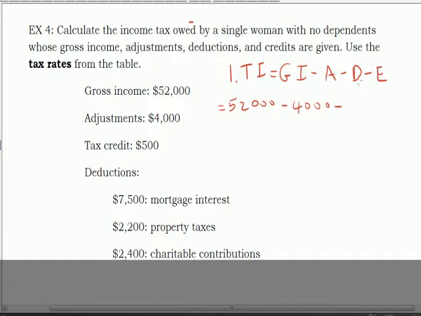The deductions, now this we need to be a little more careful about. The deductions are based on the higher of the standard or itemized, so I'm going to write a little max here. So this is the maximum of, well, to figure out what the standard is, we need to reread the problem a little more carefully. We're asked to calculate the income tax owed by a single, that's important, woman, that's not important.